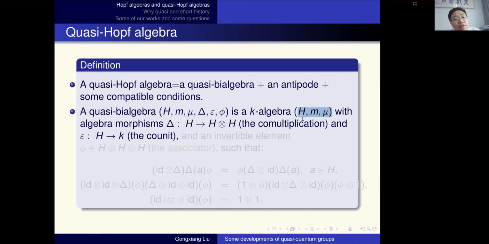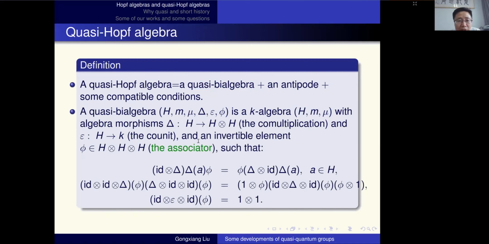So at first, a quasi-bialgebra is an associative algebra, with two algebra maps, delta and epsilon. So it's quite similar to a bialgebra. But the key point is that it has no co-associative co-algebra structure. What's the meaning? It has no co-associative property.